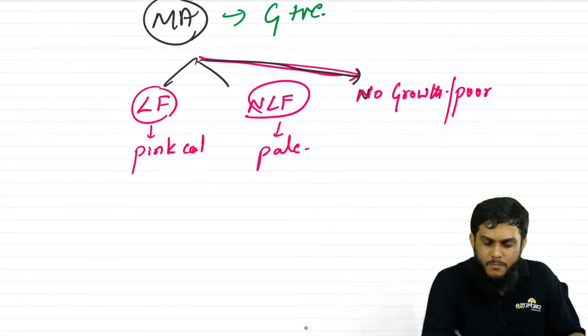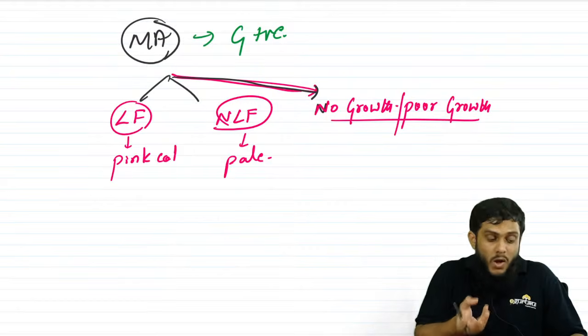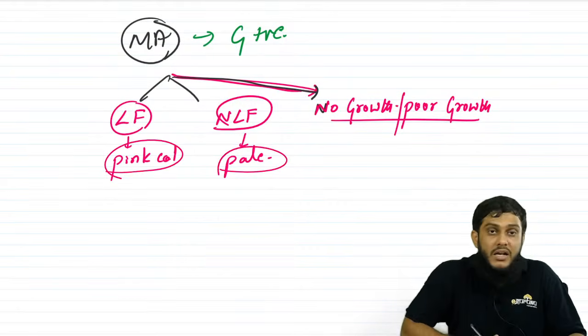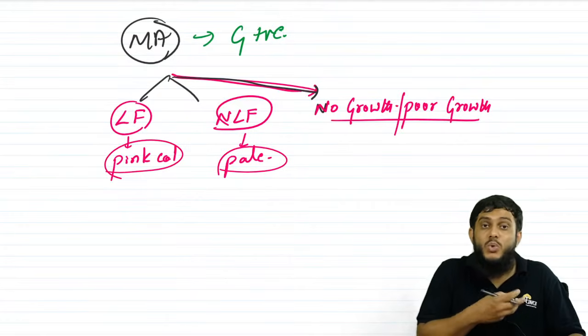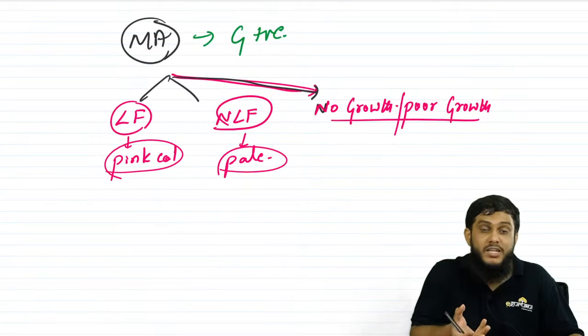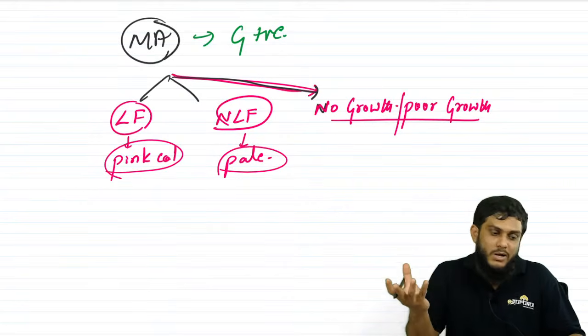No growth or poor growth is seen on MacConkey. So there are a few gram-negative bacilli which will grow on MacConkey. If they grow, the colonies may be either pink or pale. If the colonies are pink, those are lactose fermenter bacteria. If they are pale, those are non-lactose fermenter bacteria. And there are a few gram-negative bacteria which may not grow, or grow poorly, on MacConkey.